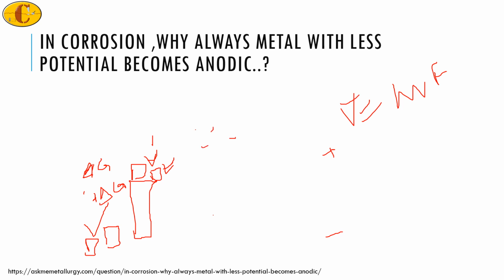The electrons that are present in the metal can easily interact with the surrounding medium containing chlorides, and they can easily form compounds with the substrate.